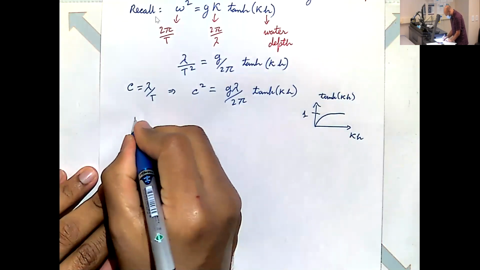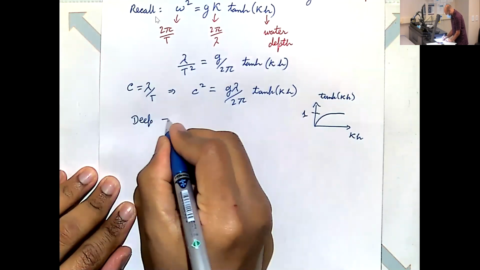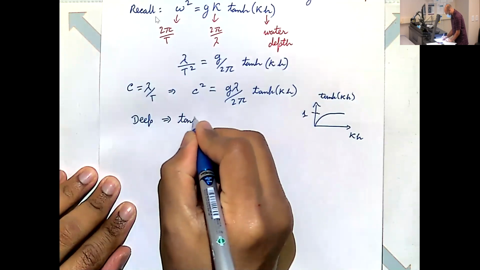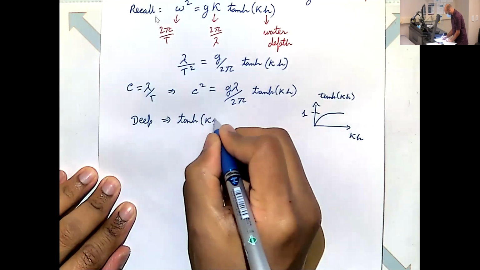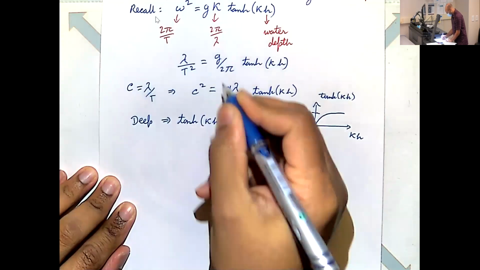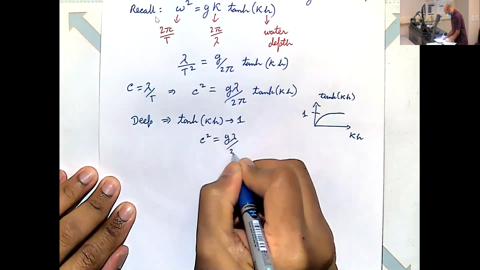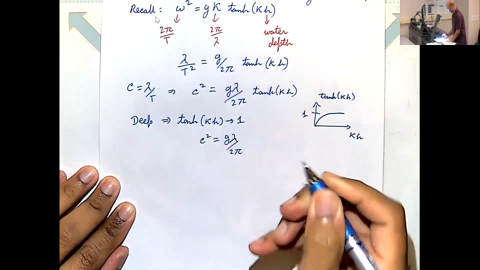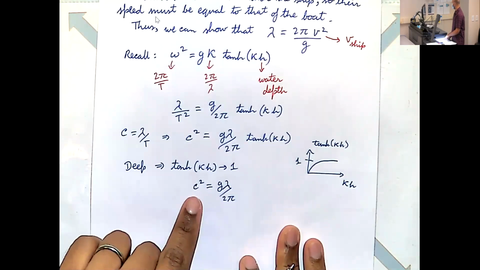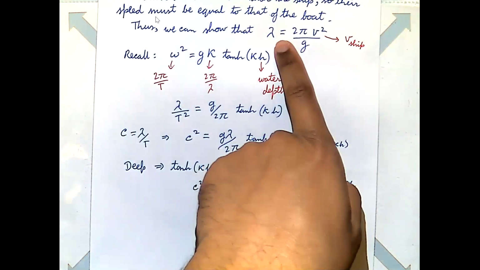So deep water, tanh kh goes to 1. And this gives us c squared equal g lambda over 2 pi. Okay, and if you see, this is exactly what we have here, right?